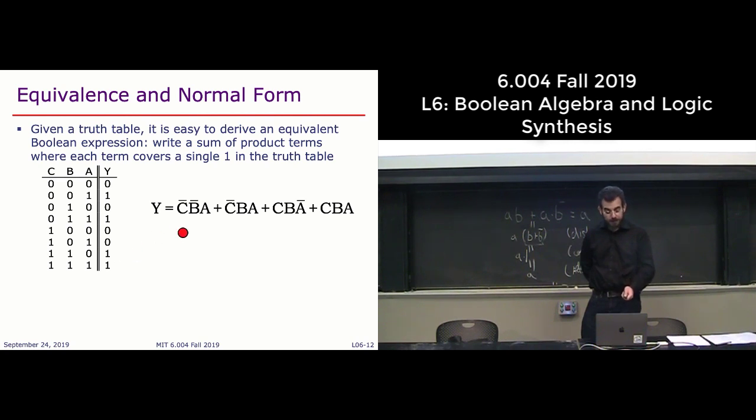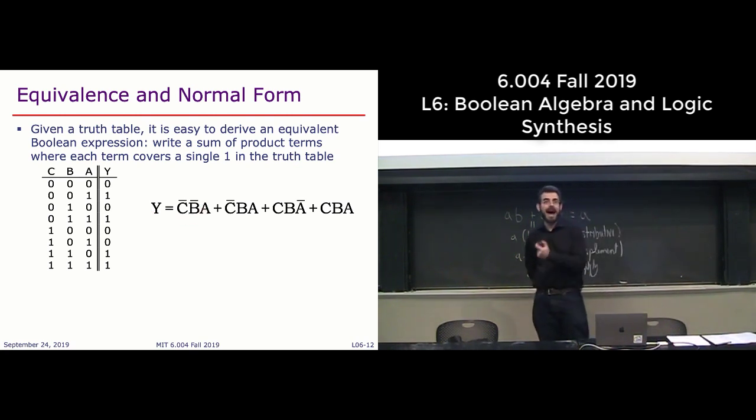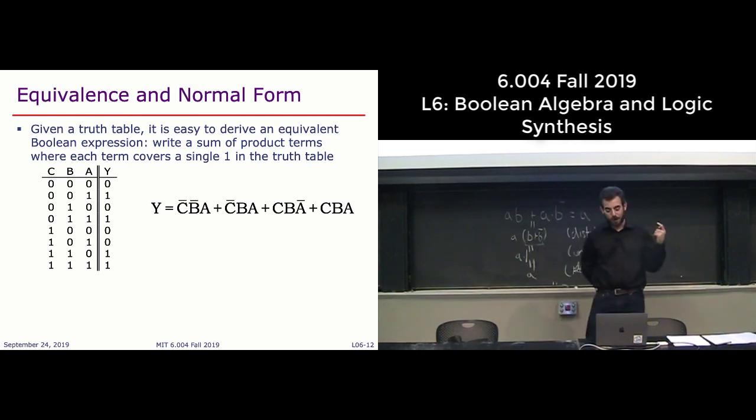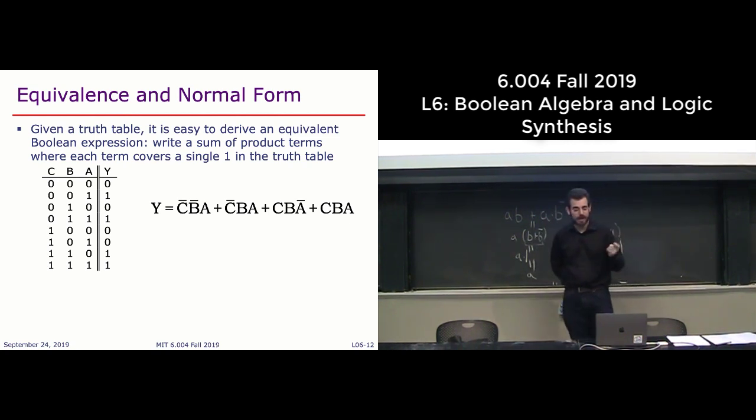Let's see why that is. We want each of these terms to cover a single row of the output, right? And so to do that, this is going to be a product, or an AND, of all the input values, or their complements, their negated values.